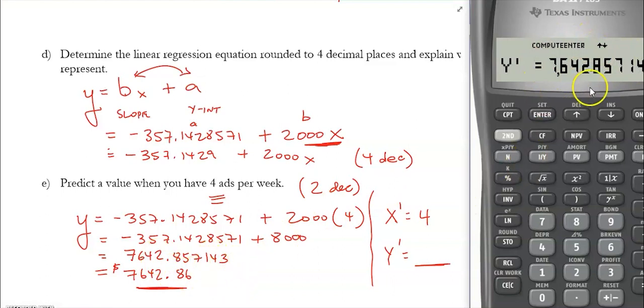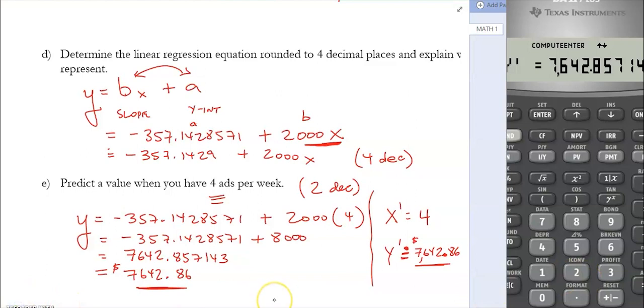There we go. All right, so we can use our calculator, our shortcut here, to figure out what the value is. In a test situation, as long as the values are correct that you inputted, this is all you really have to do to answer any question about prediction.